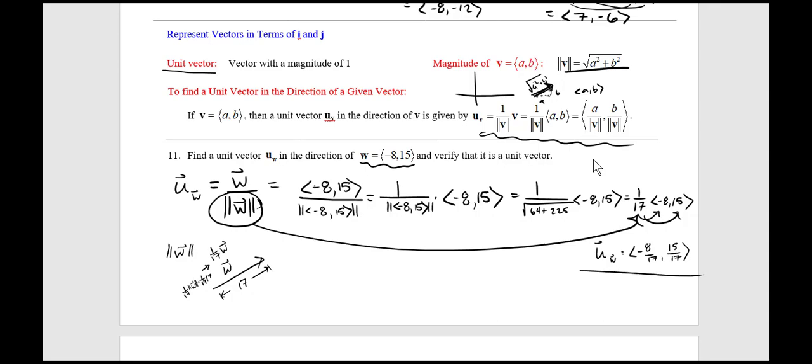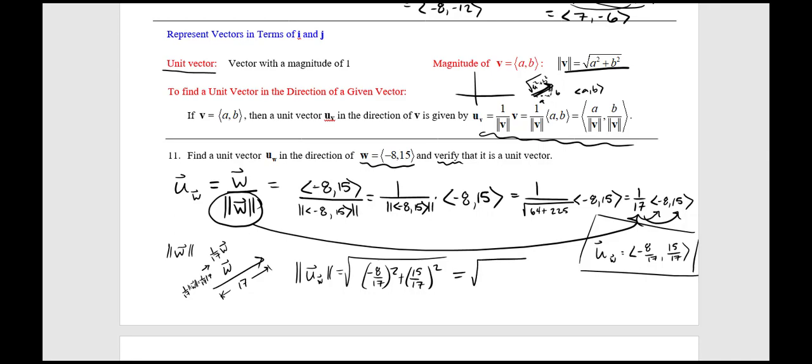That's our vector. I'd say that's our answer, but we are also asked to verify that it's a unit vector, which just means figure out the length of it, and it better be 1. Remember, the length is the root of the sum of the squares of the components, which equals, let's see what we get here, 64 plus 225, both over 17 squared.